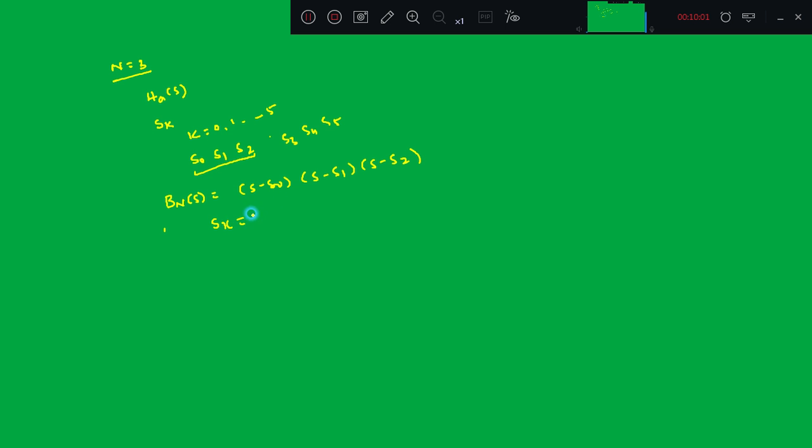And you know how to calculate S now. This Sk is nothing but what? Theta k, and theta k is pi k divided by 2n, plus pi by 2, right? Here n is how much? N is 3 now. So it is pi k divided by 6 plus pi by 2, right?